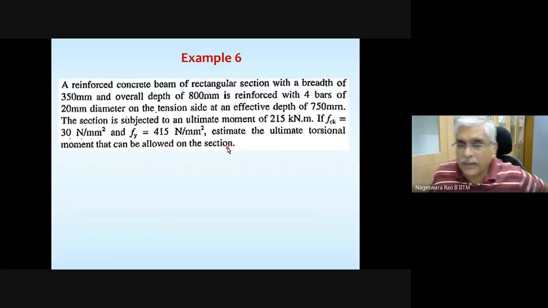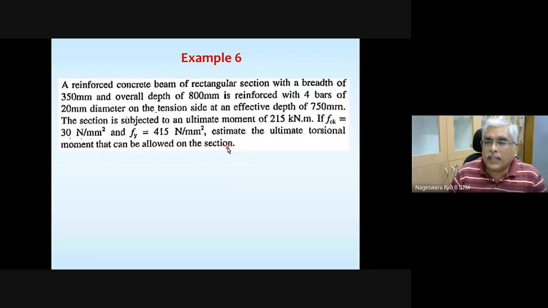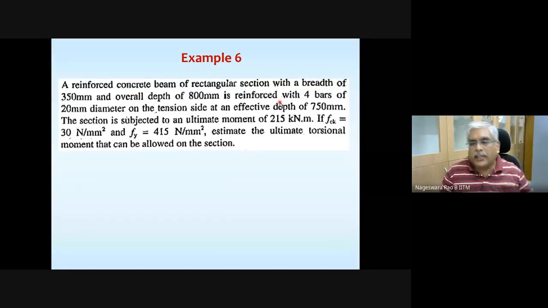Okay. Here, please note that description is given, and here the details of the reinforcement, tension reinforcement that is provided is given. So based on this, you should be able to estimate its moment carrying capacity of the section.